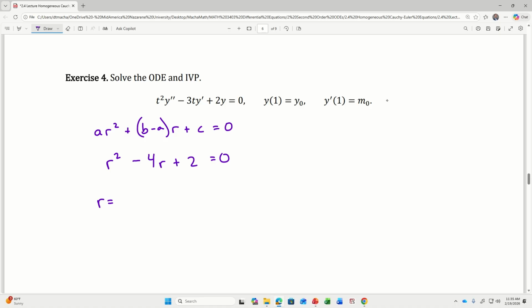I'd have to use the quadratic formula. It's going to be 2 plus or minus the square root of 8 over 2, which is like square root of 2, I think.